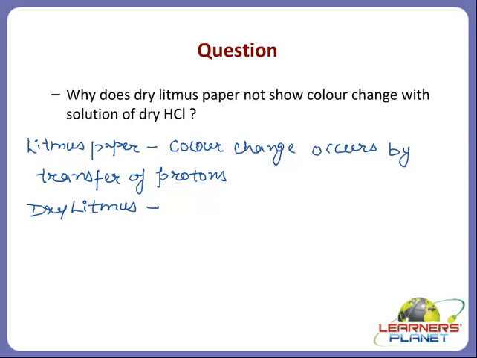Will there be any proton? No, because what are protons? Protons are H plus ions and they are formed in solutions. So in case of dry litmus, there is no proton formed. So it won't undergo color change.